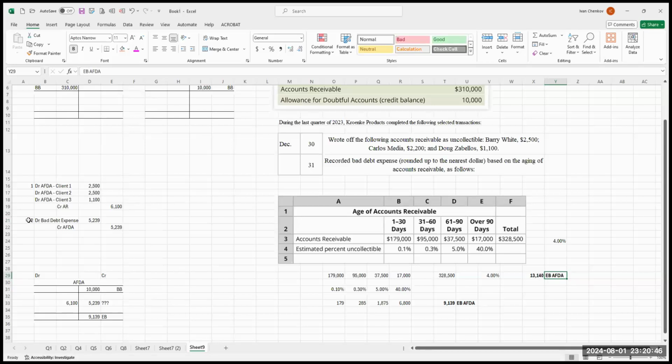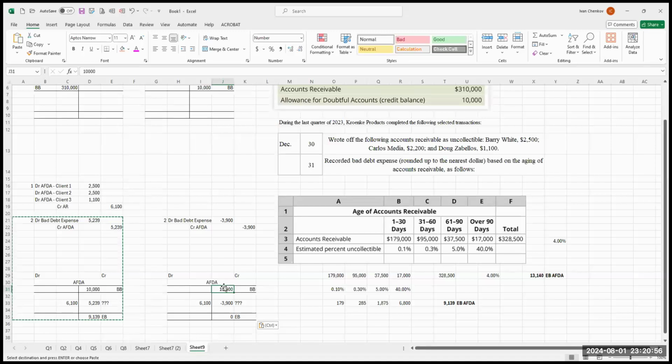If I'm using now the other method, my entry is going to change. Why? Because I'm still going to have 10,000 beginning balance. I'm still going to have 6,000 write-offs, but my ending balance is going to be 13,140. So the number that I have to plug here is $9,240. And that's your question for the calculation of accounts receivables and the bad debt expenses.